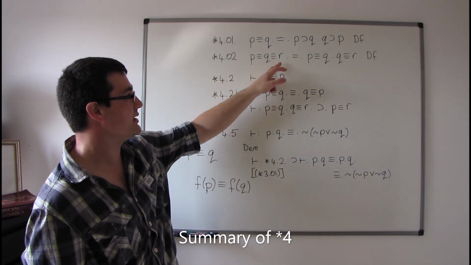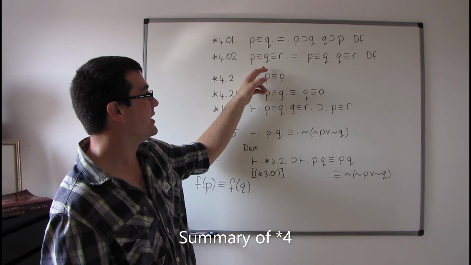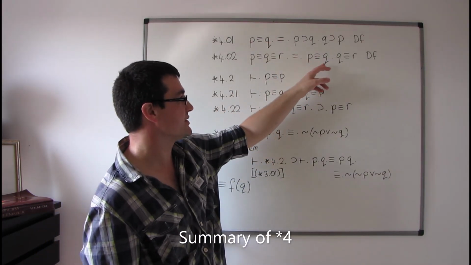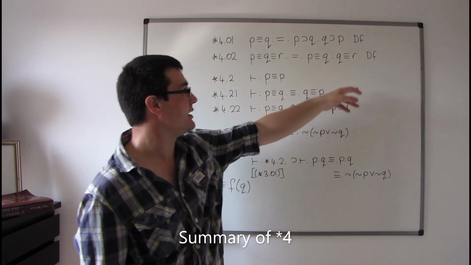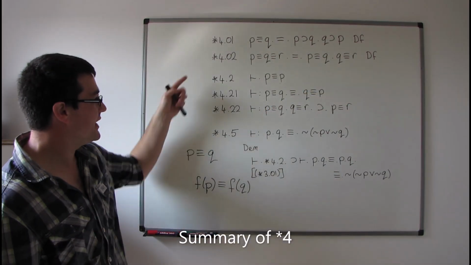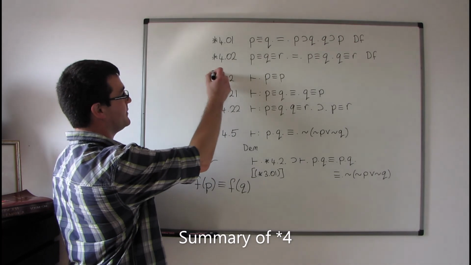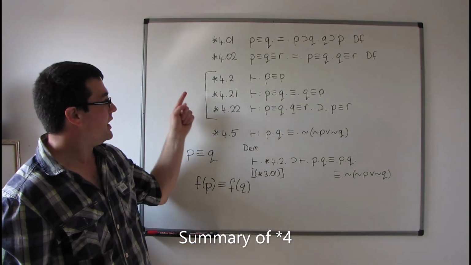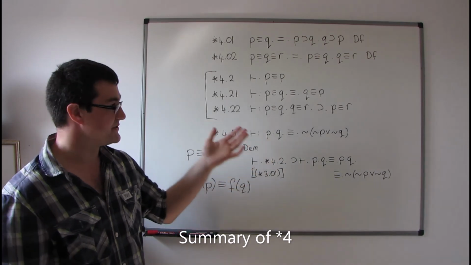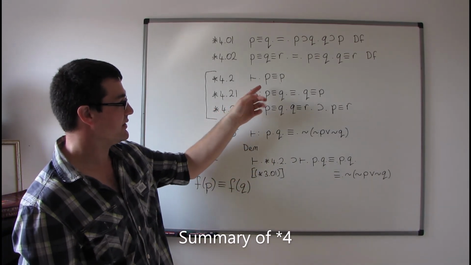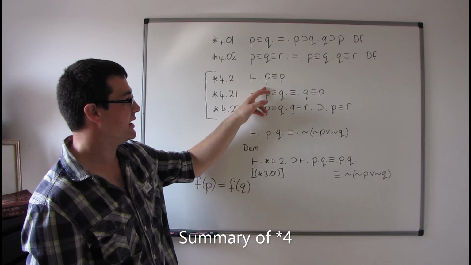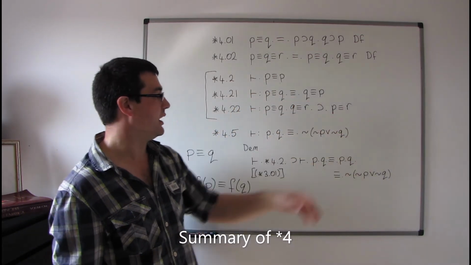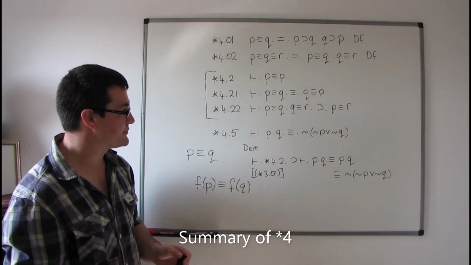So now let's have a look at the second definition, which is that P is equivalent to Q is equivalent to R, all one symbol effectively, is interpreted as being the logical product of these two equivalences: P is equivalent to Q, Q is equivalent to R. And then we've got these three propositions here, 4.2, 4.21 and 4.22. What these show is that equivalence of propositions has the property of being reflexive, symmetric and transitive, which are particularly nice properties.